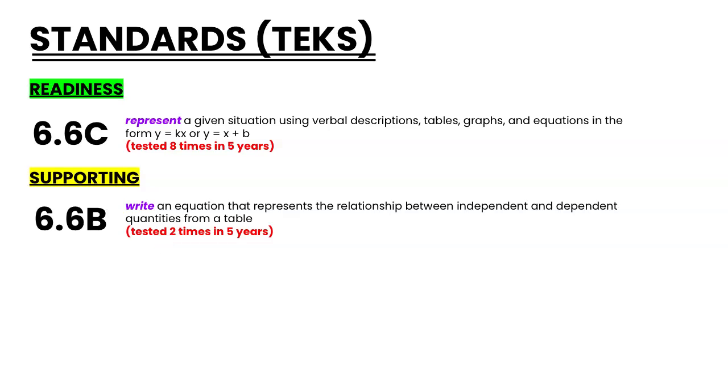So when you count your wins for this week, you really want to look towards 6.6c, those 4 different representations that we talked about, and then we can clean up with having students writing the equation from a table. You can see that this TEK is really embedded into 6.6c. So as you're practicing 6.6c, you're also supporting the work in 6.6b.